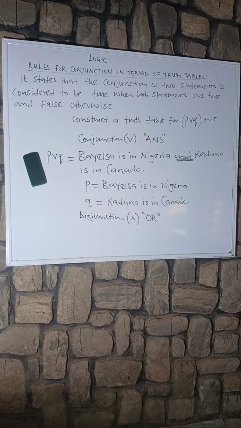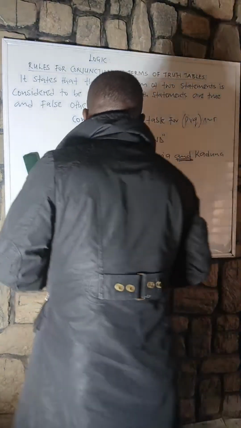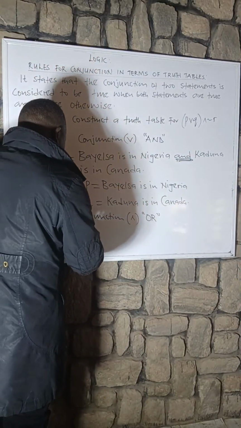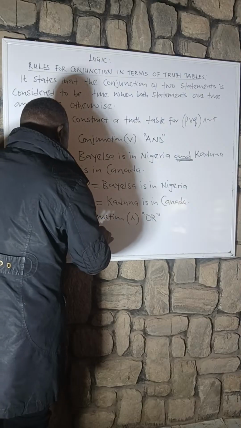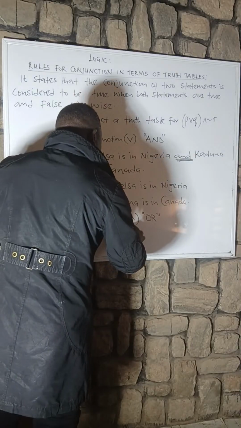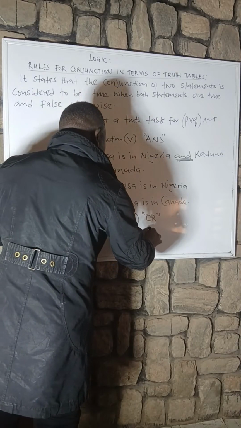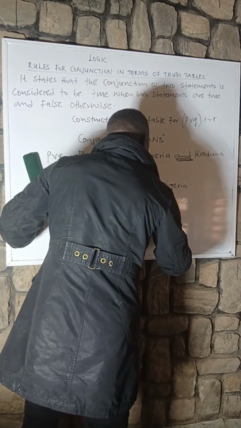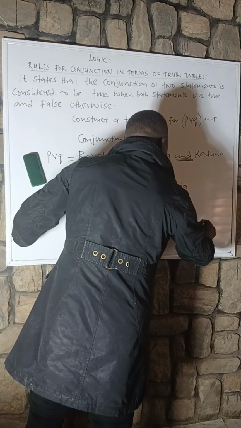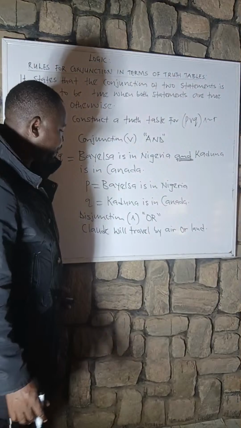If we want to look at the example here, it means clouds will travel by air or land. Can you see now?